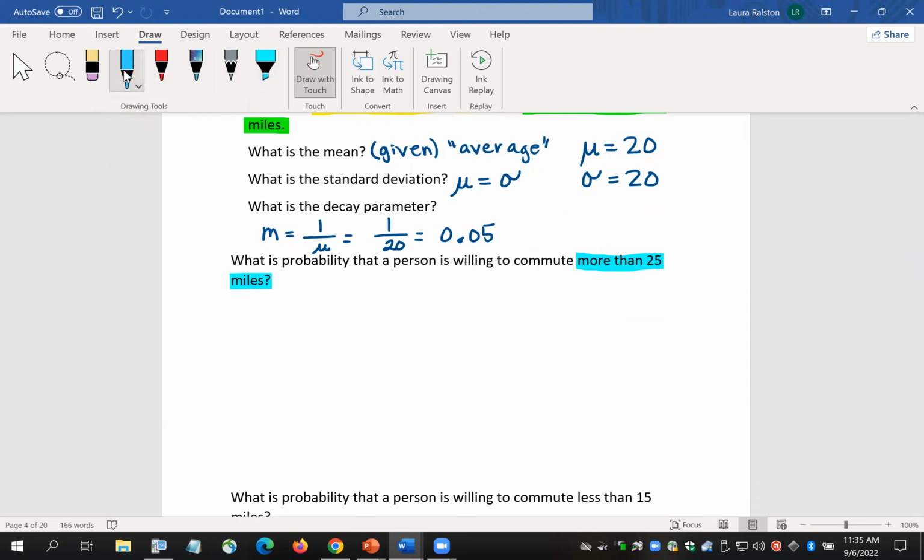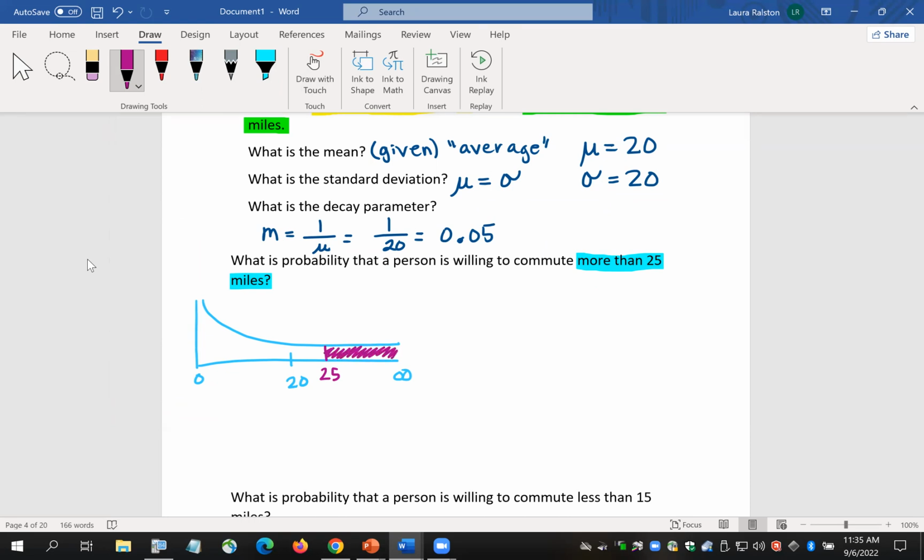Now, even without drawing the picture, which is not required, just to help you visualize this, we have 0, and we know it could go on forever. The mean is 20, and we have our exponential distribution. It says more than 25. So 25, I hope you do realize, is greater than 20, and we want to be more than that.